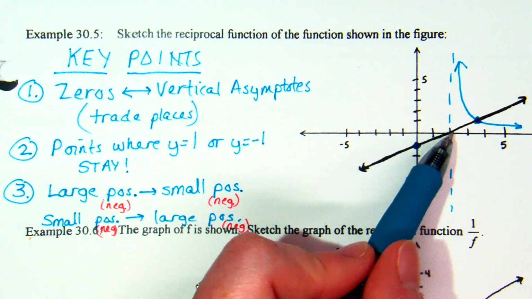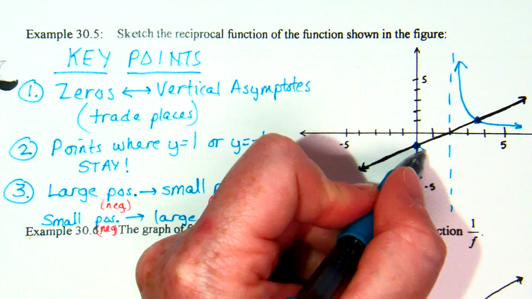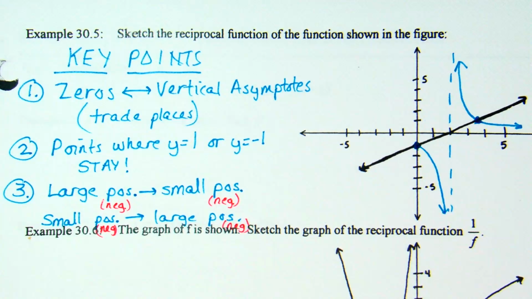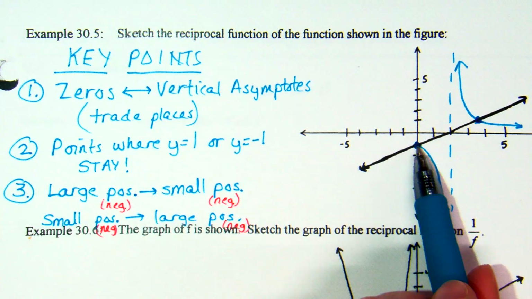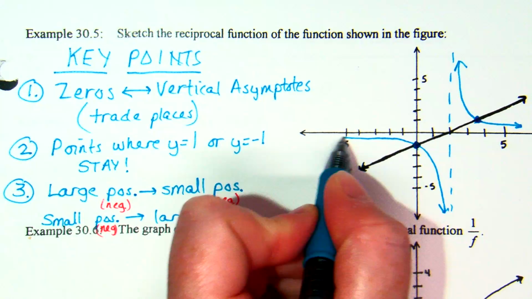Those are small negative values. So what's my graph going to do? It's going to be large negative values. As I'm going down there, those are going to large negative values, yes? Over here to the left of this dot, my graph is going into large negative values, so instead I'm going to go into small negative values along the x-axis.